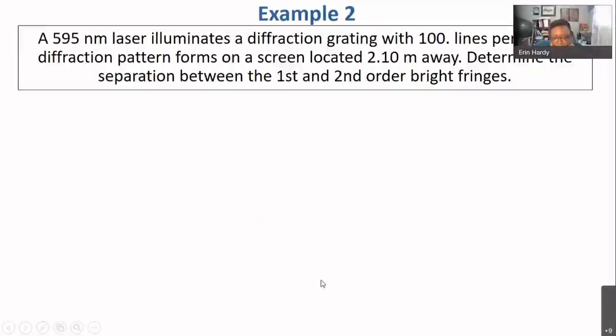I'll ask you to collect data on the wavelengths of the lasers that we're working with, and then I'm going to ask you to identify a grating with an unknown number of lines, and then you can put it into a more formalized report.